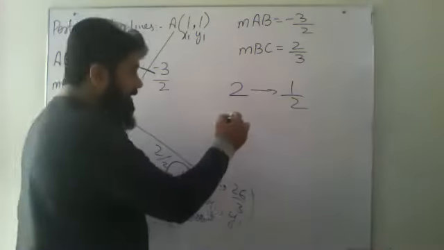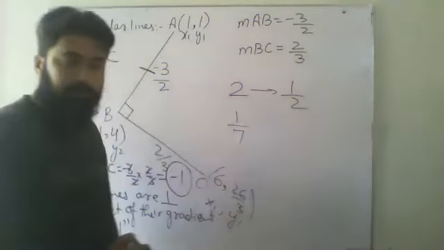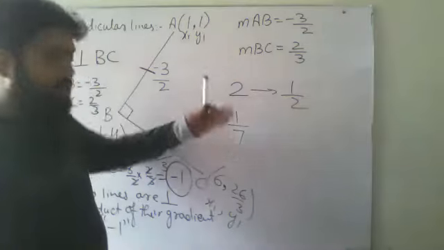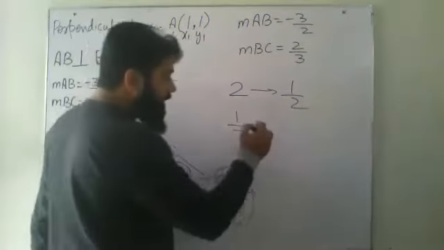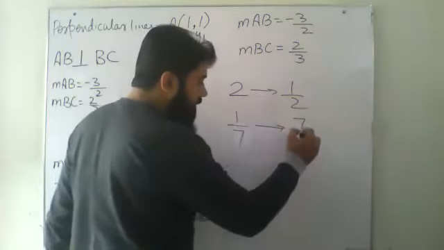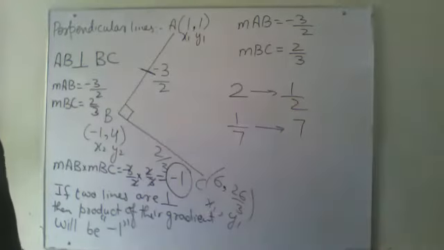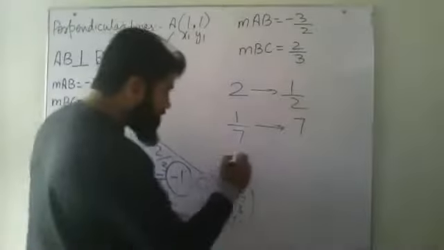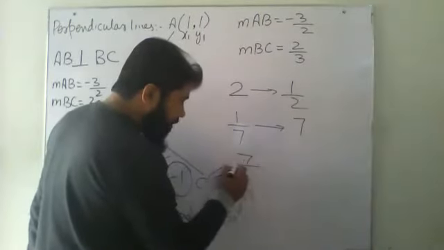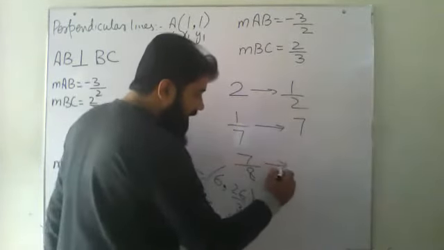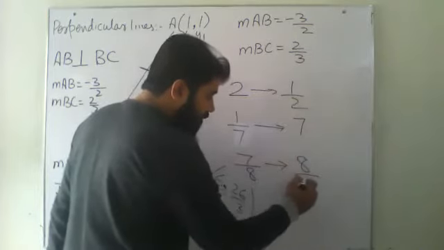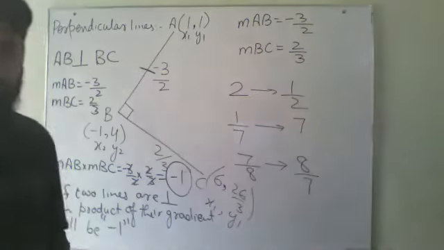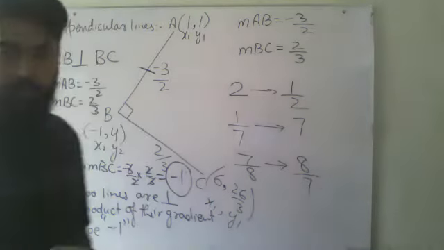What will be the reciprocal of 1 over 7? Changing numerator into denominator, denominator into numerator, the reciprocal will be 7. In the same way, if I have 7 over 8, the reciprocal will be 8 over 7. These are all reciprocals.